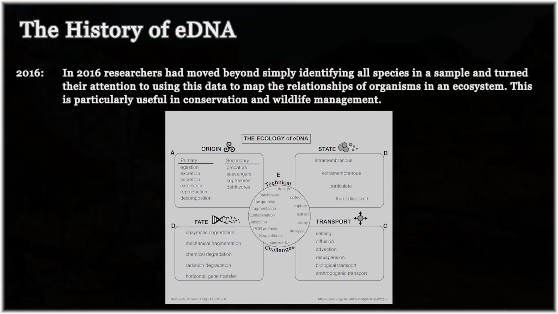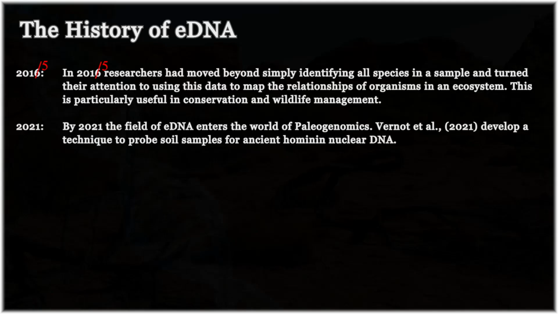This process would continue, and by 2015, attention moved beyond simply identifying species in a sample to mapping the relationships of the animals and ecology of the environment. This was useful in fields such as conservation and wildlife management in order to monitor the wildlife in a region or the arrival of invasive species.